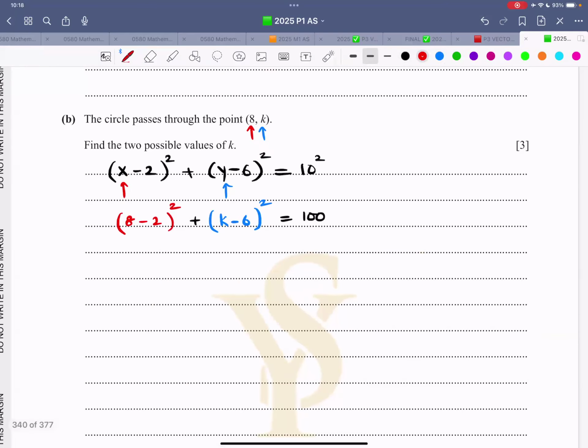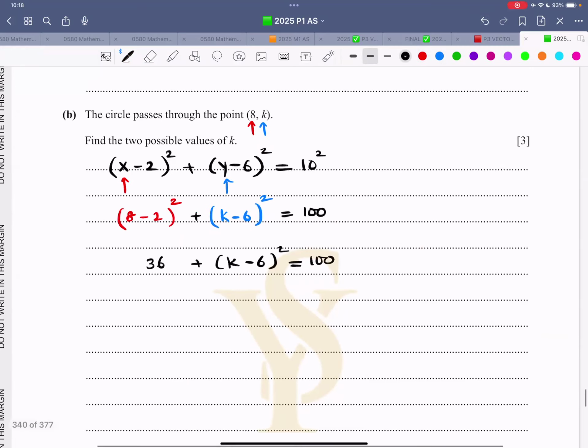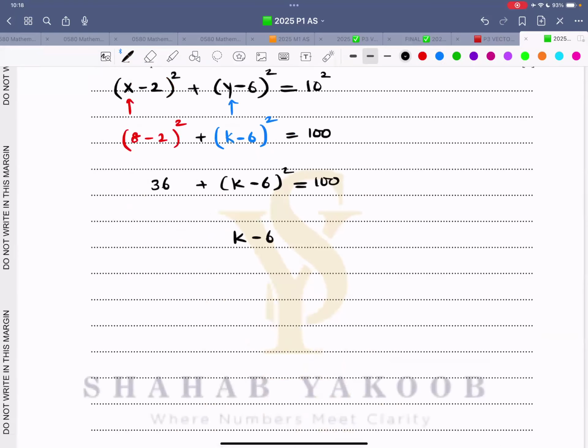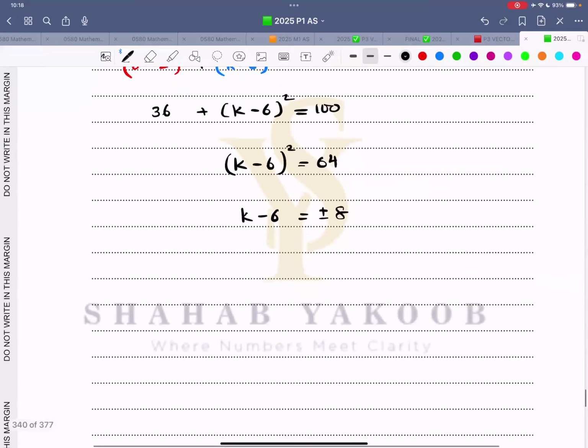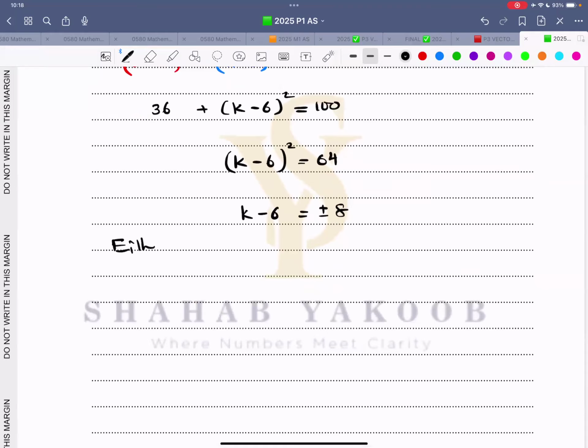So now let's simplify. This is 6 square, which is 36. So (k minus 6) whole square is 100 minus 36, which is 64. K minus 6 is equal to plus minus 8. Write both the options unless there is some limitation.